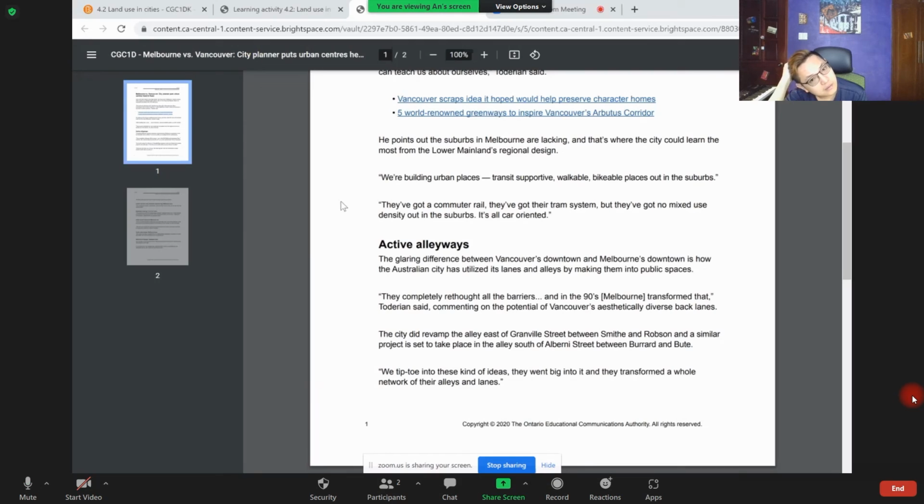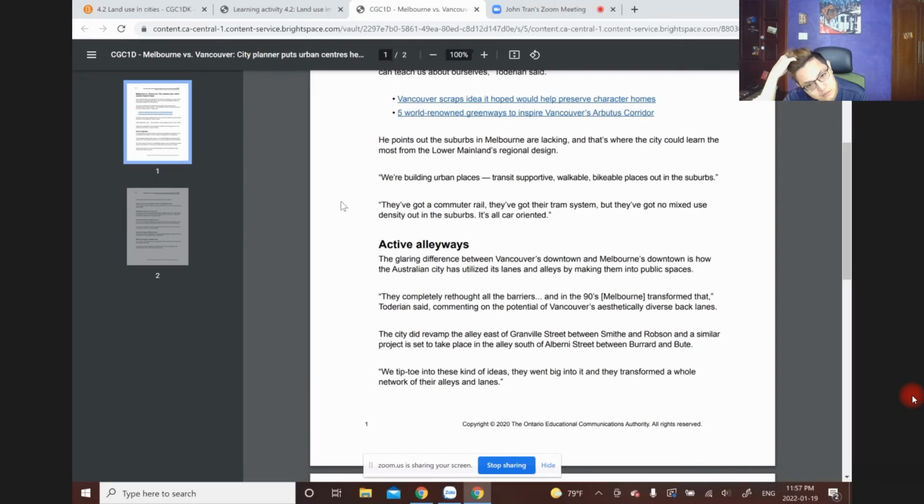Active alleyways. A striking difference between Vancouver downtown and Melbourne downtown is how the Australian city has utilized its lanes and alleys as public places and made them into public space. They completely revamped the barriers in the 90s.